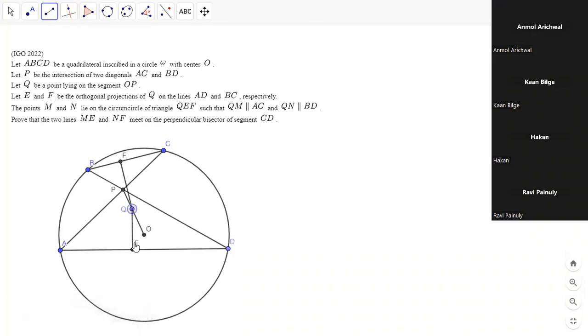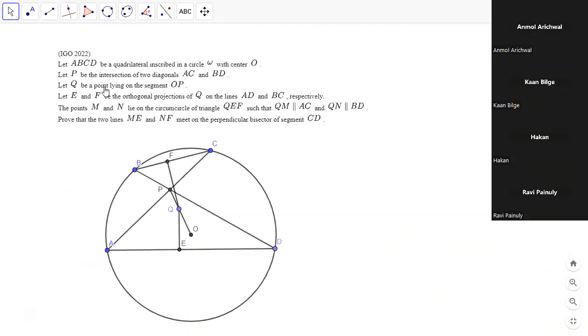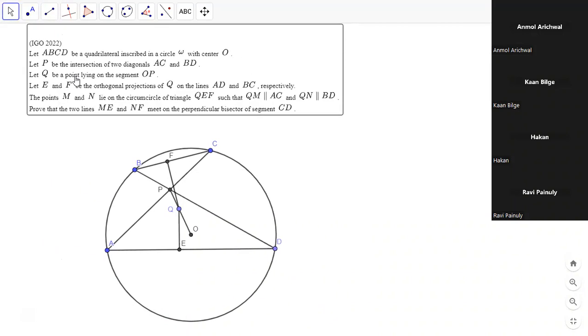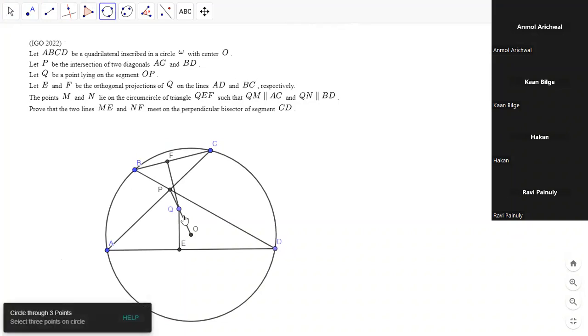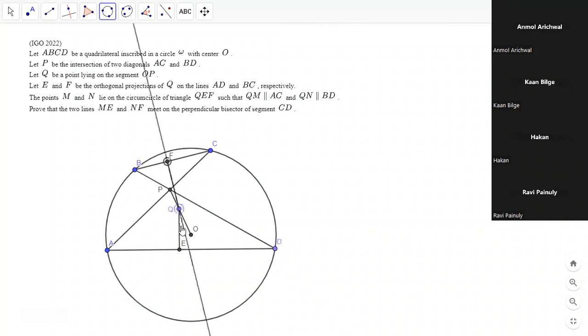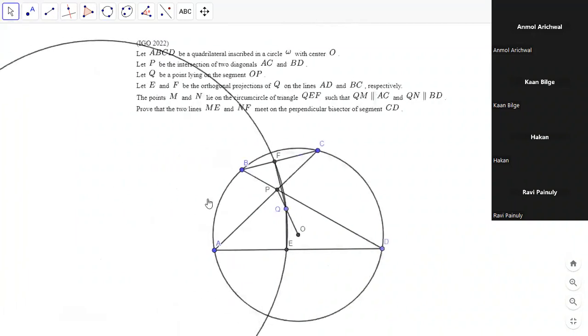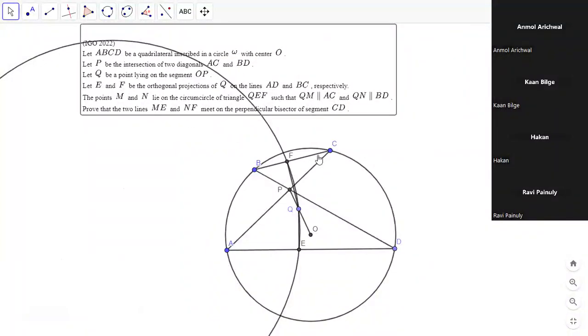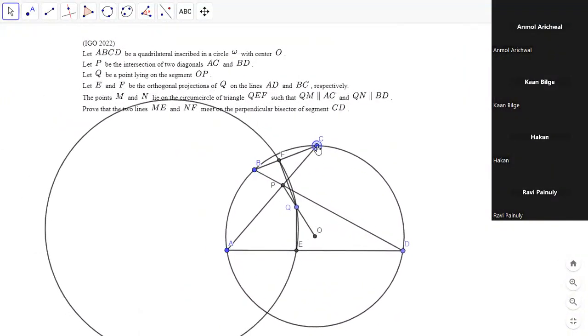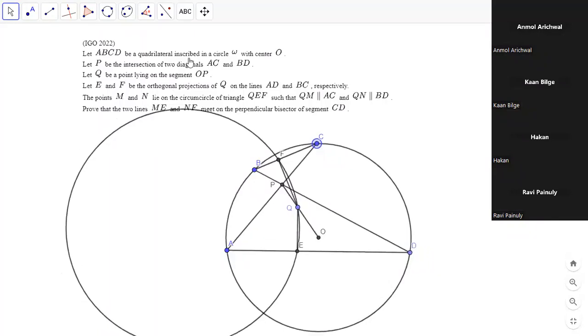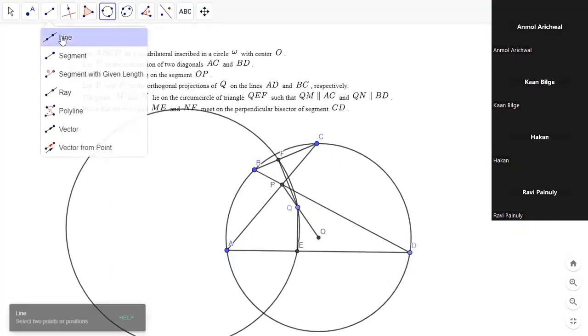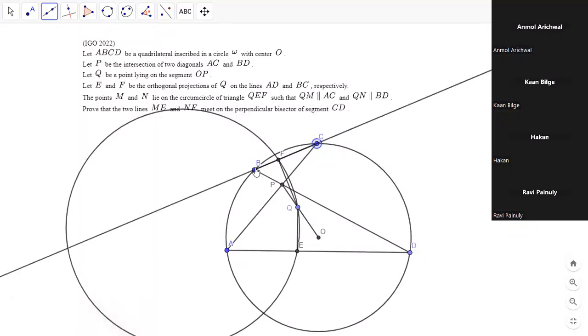All right. So maybe it looks like Brocard's theorem might be useful here, but we'll see. So then we draw the circle QEF. Yeah, so we're going to want to probably intersect BC and AD because that's going to lie on that circle. Okay. And then we could use Brocard's theorem.